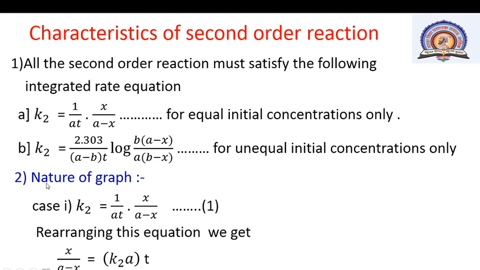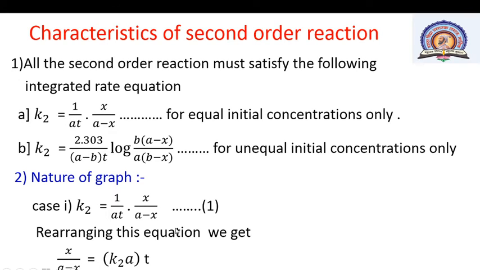Then the second characteristic is the nature of graph, that means the graphical representation. Now case 1: as seen earlier, k2 is equal to 1 upon a into t into x upon (a minus x), equation 1.